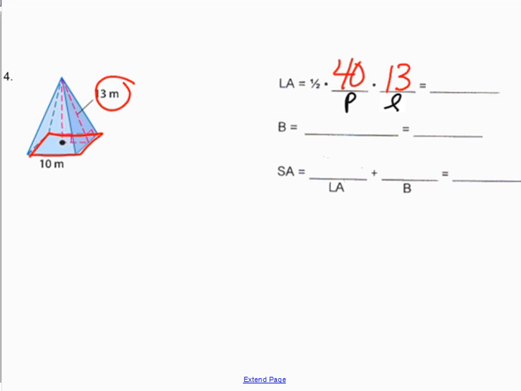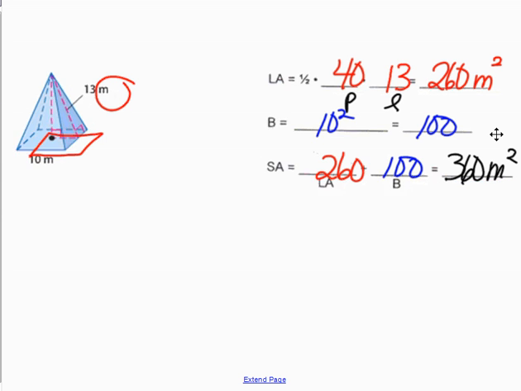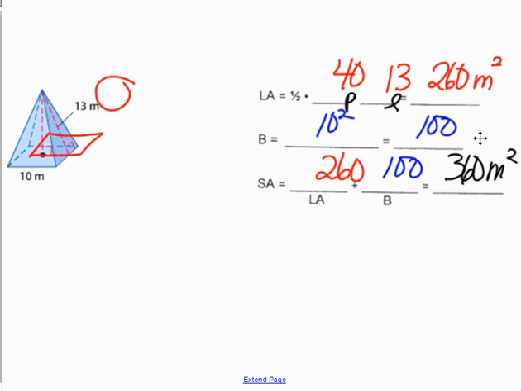So do all that typing on your calculator, you end up with 260 meters squared. And then we need the base. Well, it's 10 squared. So that's 100. And we end up with 360 meters squared. Whoa. That was cool.